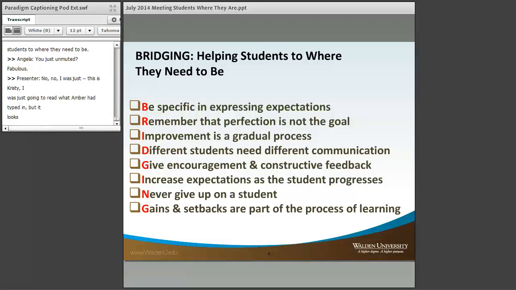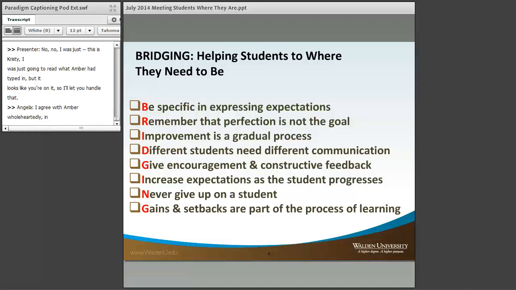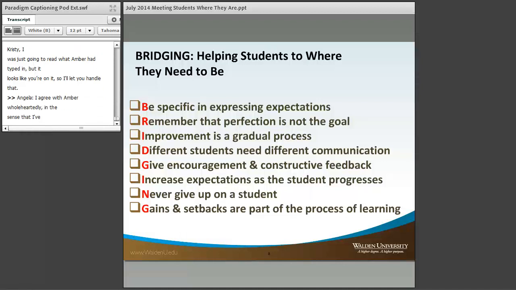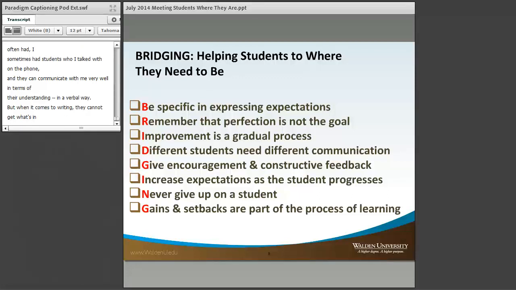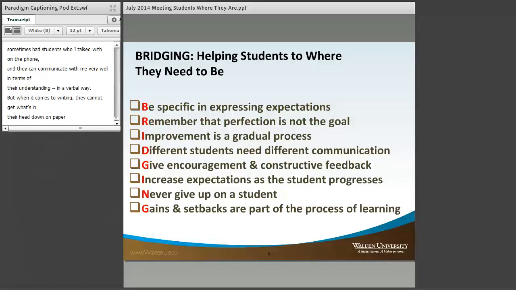Yeah, well, I agree with Amber wholeheartedly in the sense that I've sometimes had students who I've talked with on the phone, and they can communicate with me very well in terms of their understanding in a verbal way. But when it comes to writing, they cannot get what's in their head down on paper in the same way that they can talk about it.